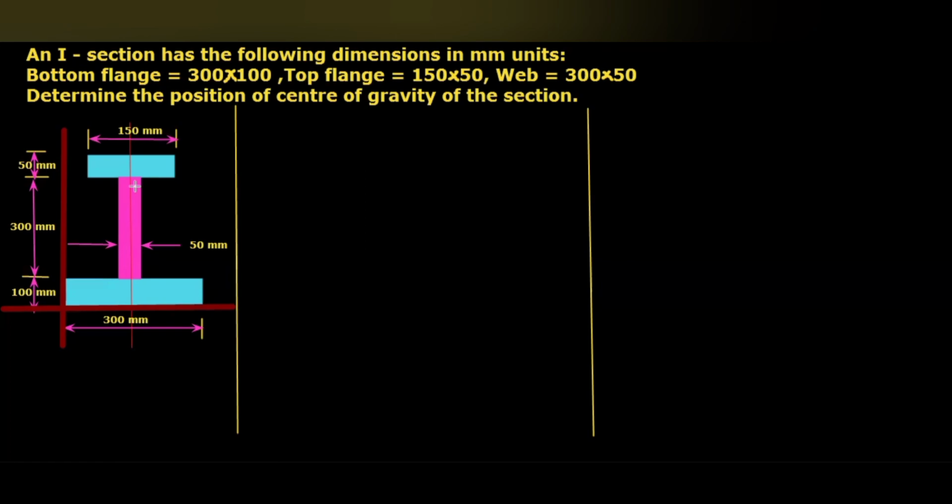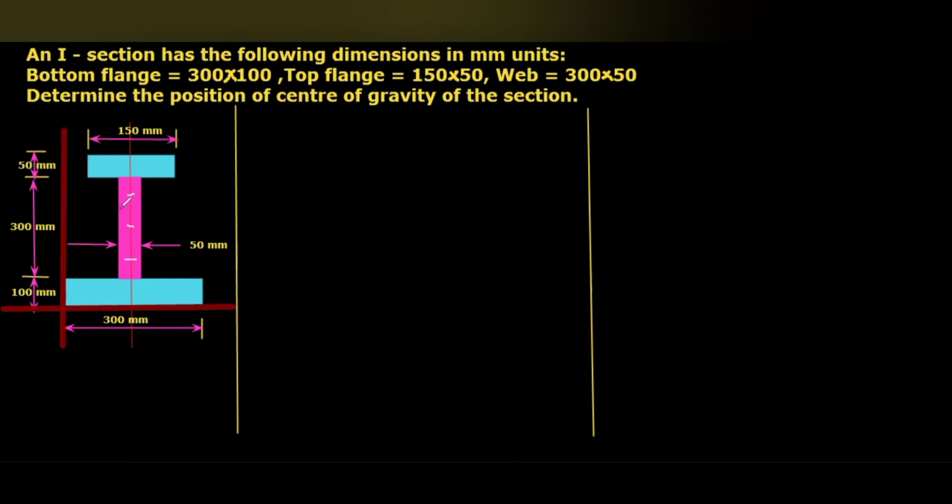It may be anywhere along the central axis, here, here, here, so the y bar value from the reference axis will vary, but the x bar value will not vary.